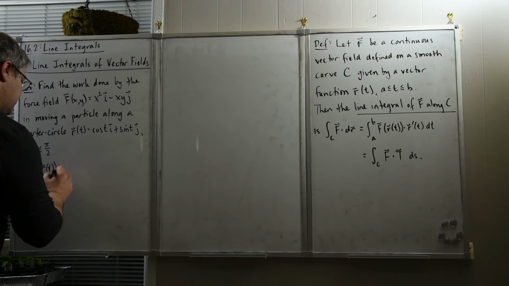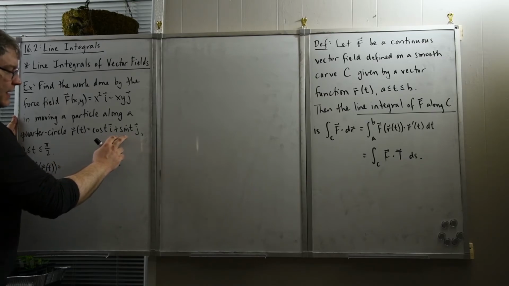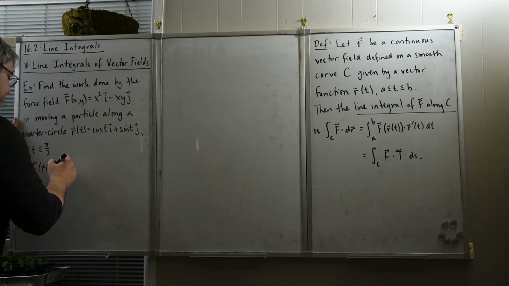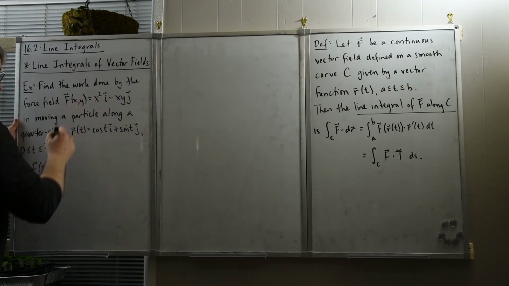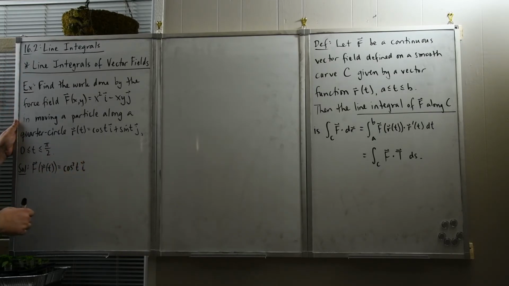Now when you're thinking about F of r of t, basically what's happening is the cosine t is an x of t, sine of t is a y of t. So x is going to get replaced with cosine t, y is going to get replaced with sine of t. So everywhere you see x here, replace it with cosine t. So x squared i, you'll have cosine squared t i.